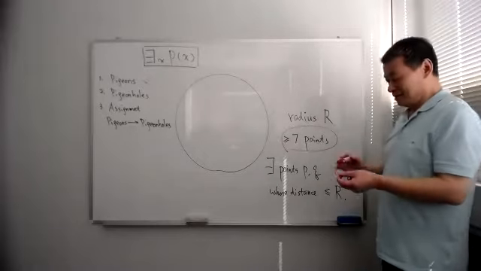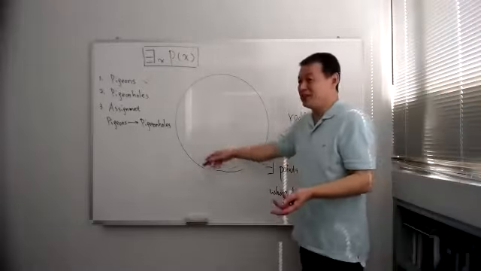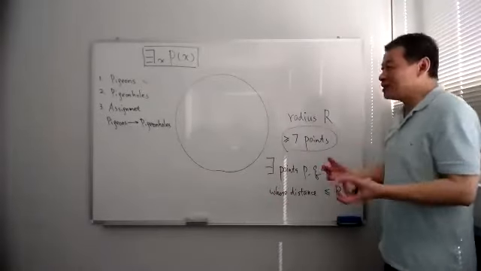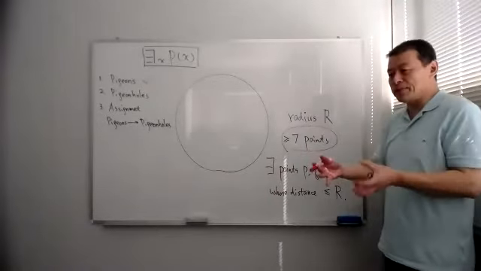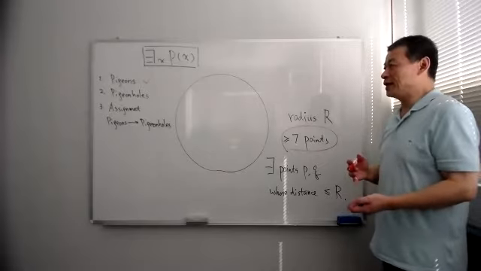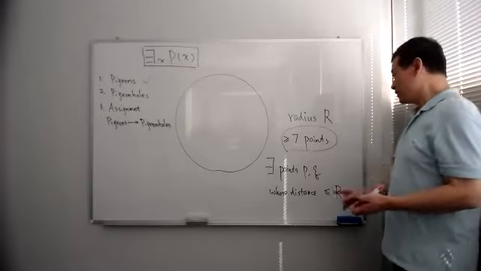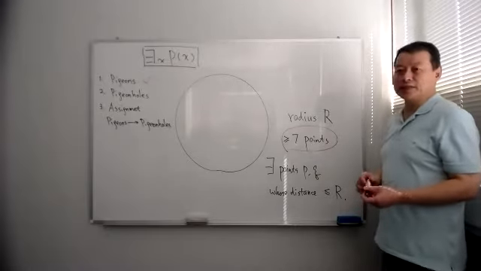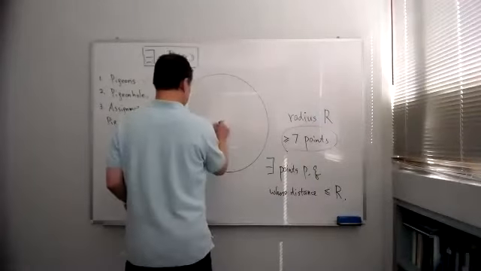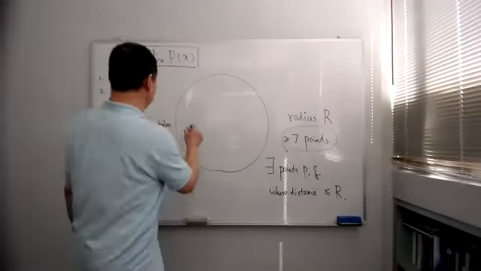Now pigeonholes. Actually, we don't have any pigeonhole at all, just a circle. So we need to find or construct the pigeonholes so that we can apply the argument. How do we construct pigeonholes? For this particular case, we construct 6 pigeonholes as follows.